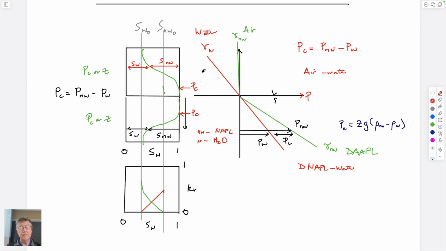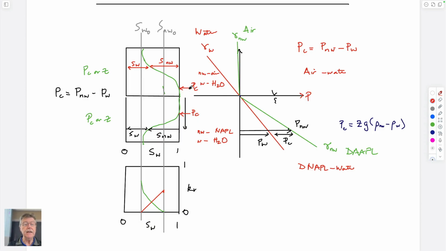And here the non-wetting was air, and the wetting, because it's the same reservoir, is water. Okay. So that's everything we've done so far, kind of in a nutshell. And that's why we've done it, so you can get distribution of saturation.